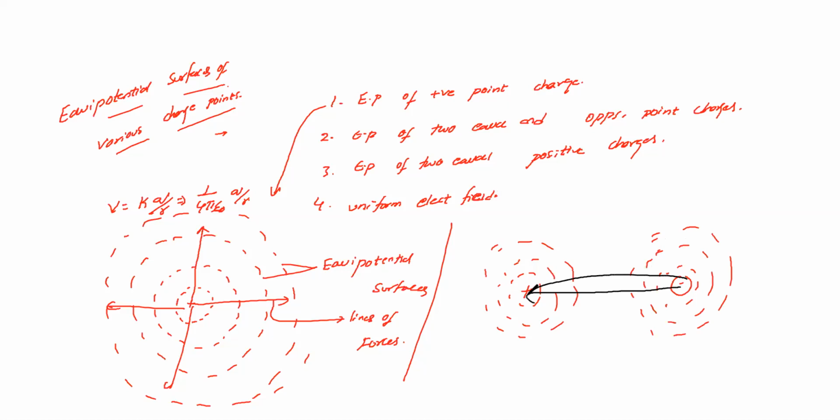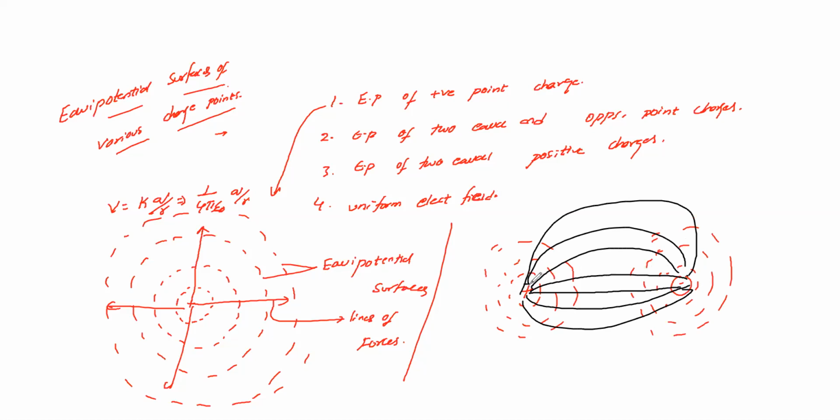These are electric field lines, traveling from positive towards negative. The lines have directions, which is important. So this is your second point, and the dotted lines are your equipotential surfaces.